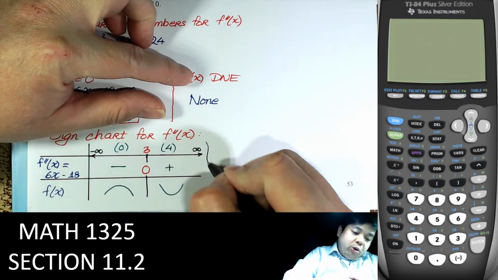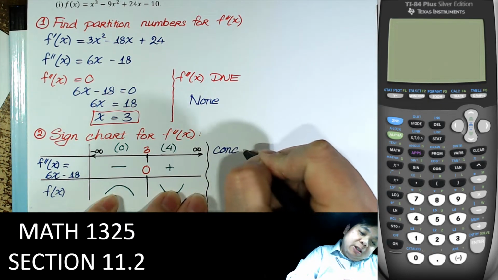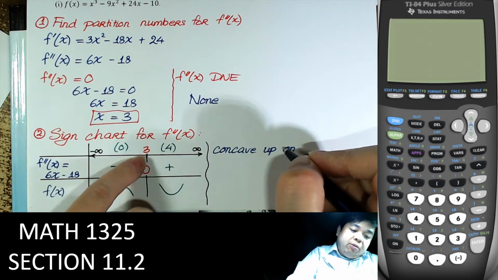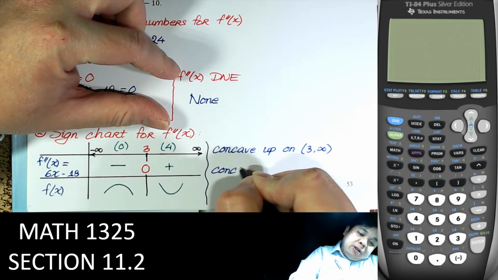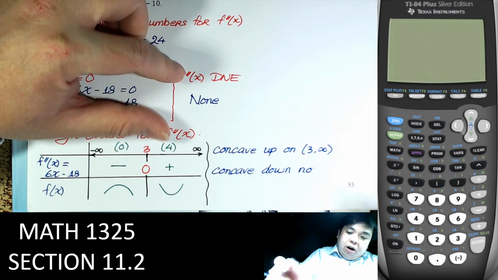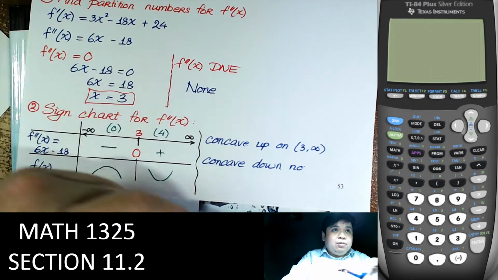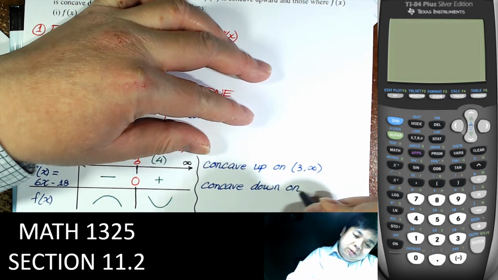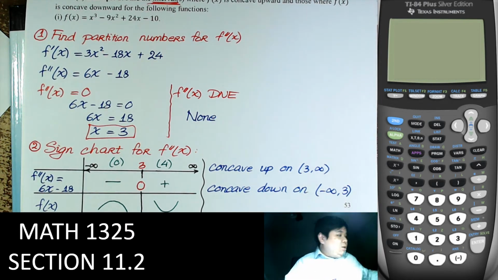The conclusion we will write: where the function is concave up, we say concave up on the interval of 3 to infinity, and concave down on the interval negative infinity to 3. Right, so that's simple enough.